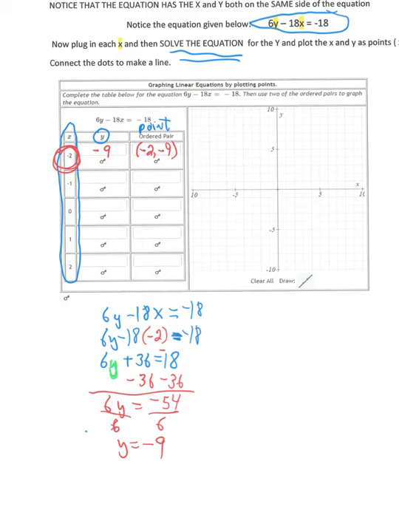And now we take negative 1. So I'm going to start with the equation again. I'm going to get 6y minus 18x equals negative 18, and the x is negative 1.